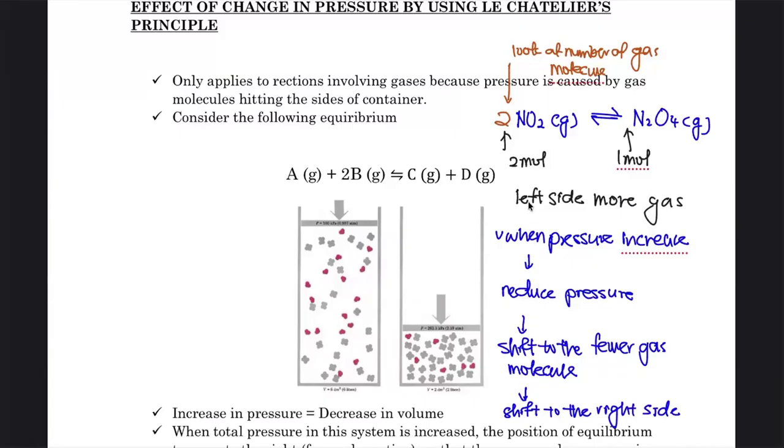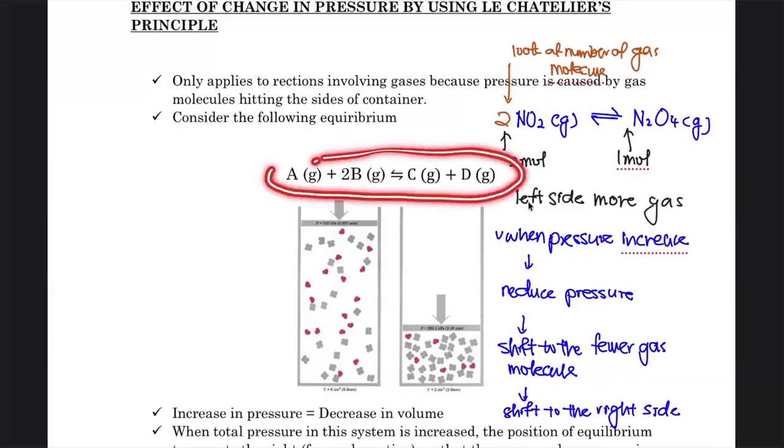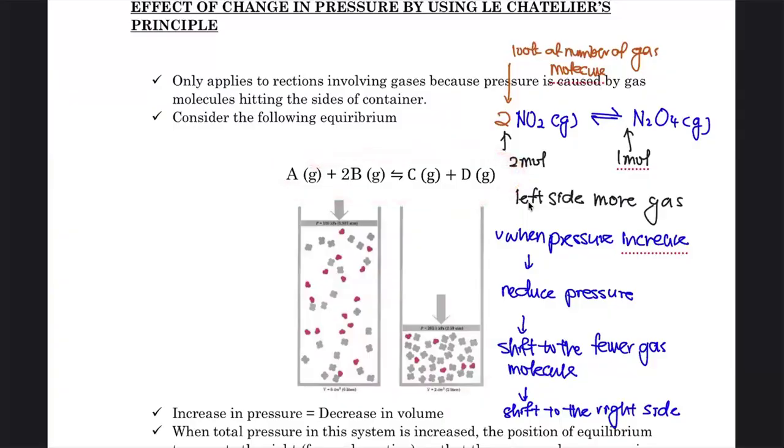Okay, so the pressure is applied to the whole system, not only on the left side or only on the right side. This one you must know. Now, what happened if I got this equilibrium and I want to decrease the pressure of the system?